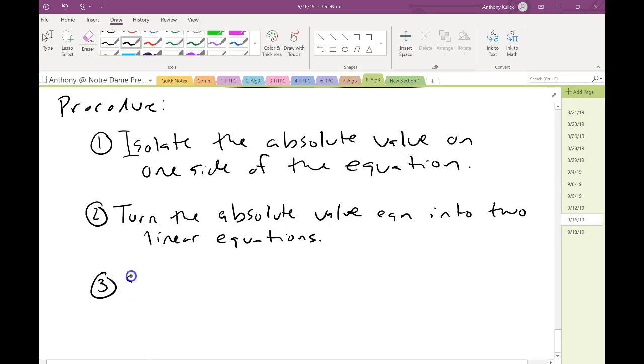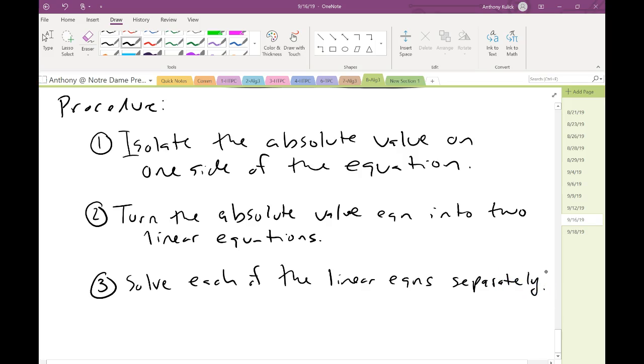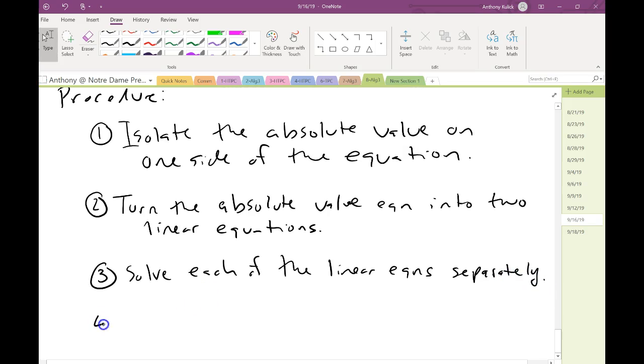Step 3 is to solve each of the linear equations separately. And the fourth step is to check.